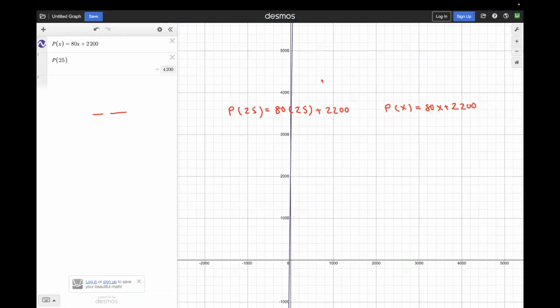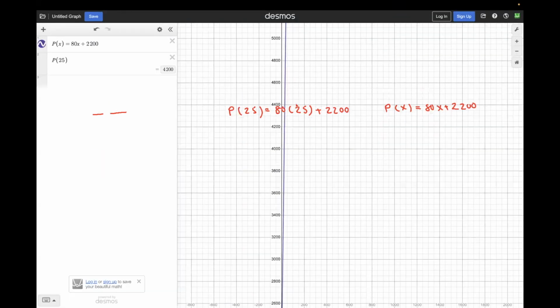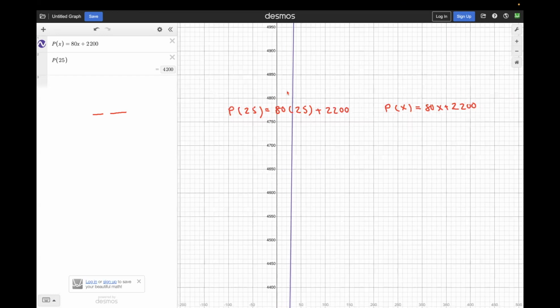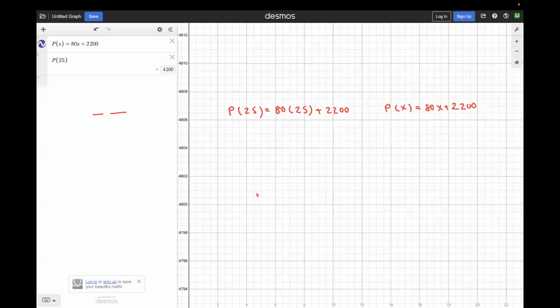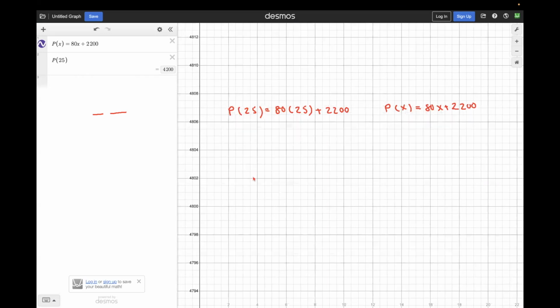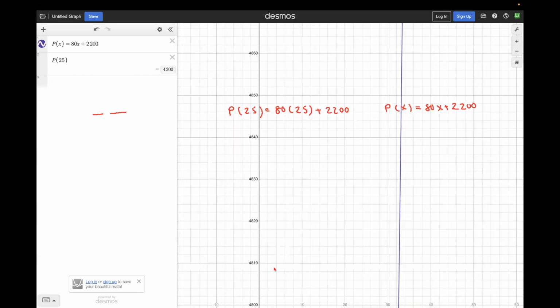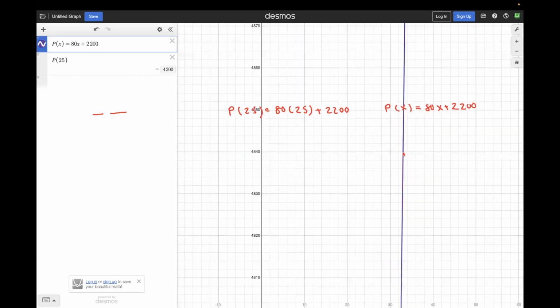All right. I zoomed in too much. There's 4,840. Let's see if I can get it. Come on. So it looks like the x value there is 33. So she'd need to sell 33 copies. And we can check here. So notice if you do P of 33, 4,840.